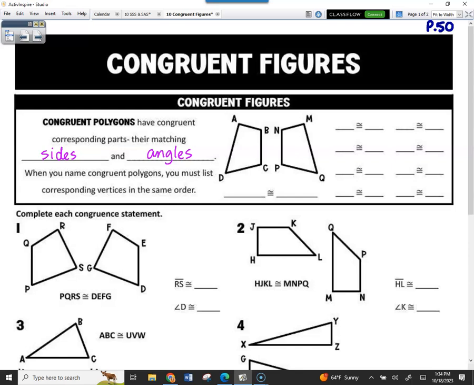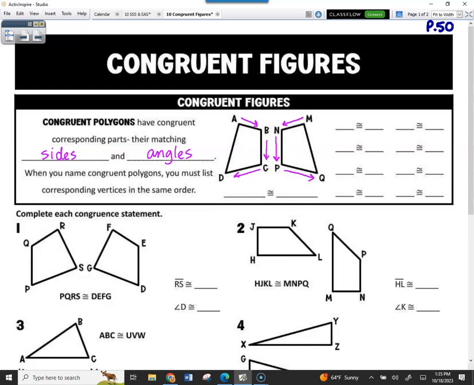When you know two shapes are congruent, you can write what's called a congruence statement, which entails naming the shape. How you name the first one dictates how you have to name the second one. So if I call this A, B, C, D, then I would have to call this one M, N, P, Q. Do you see that?